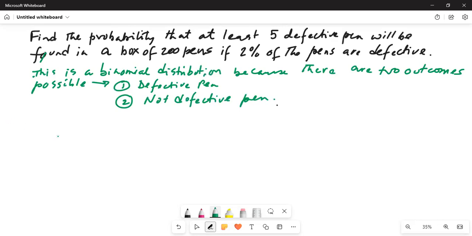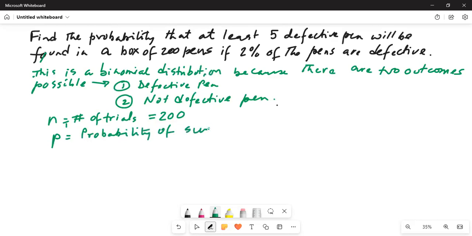We know number of trials n. So n is your number of trials. The box contains 200 pens. And p in this case we'll think of it as probability of success. Here success is defined as the probability of a defective pen.